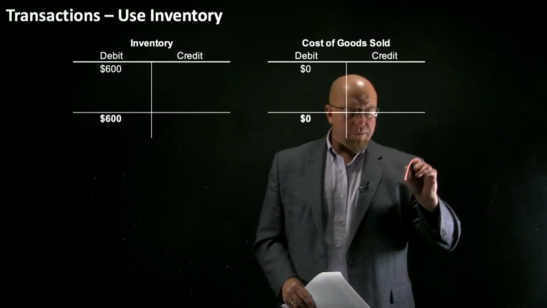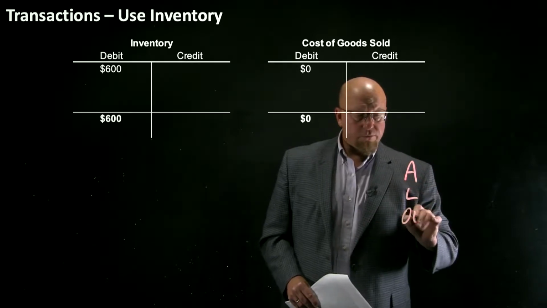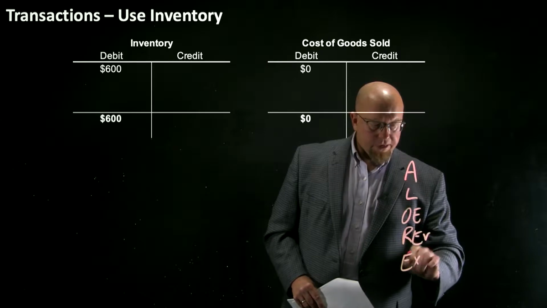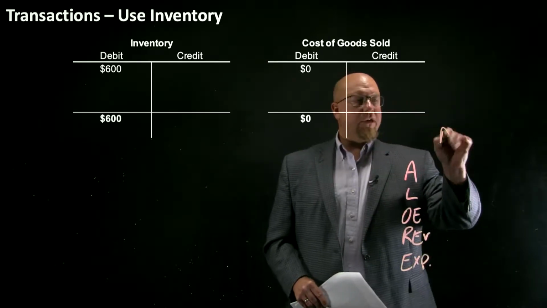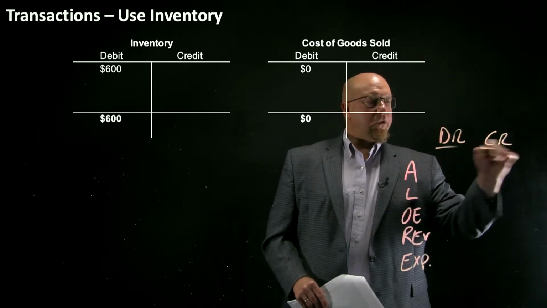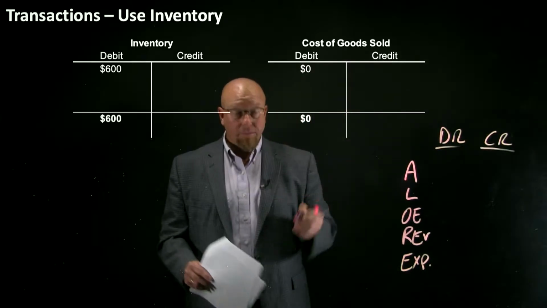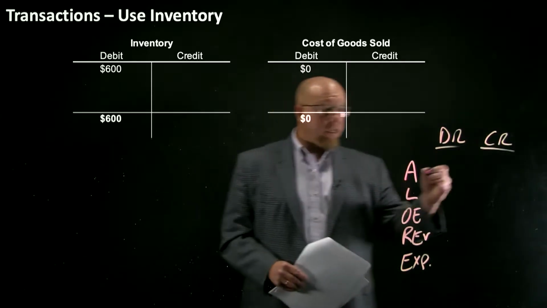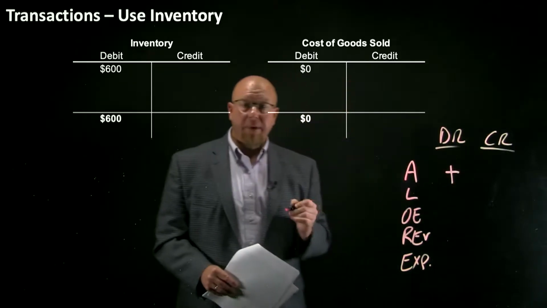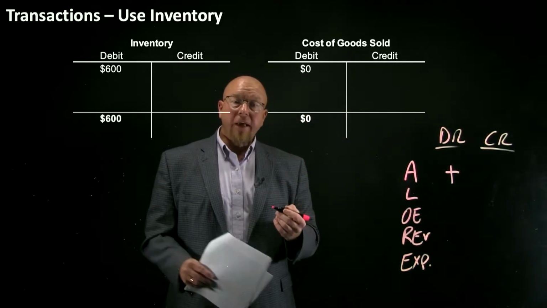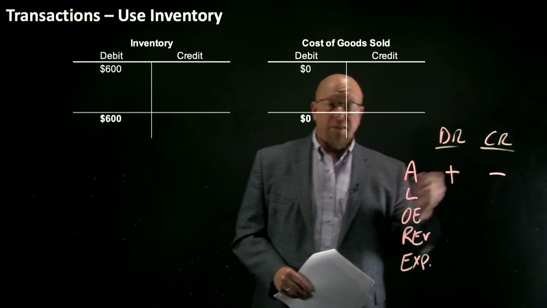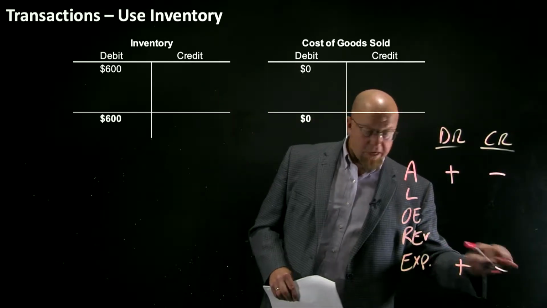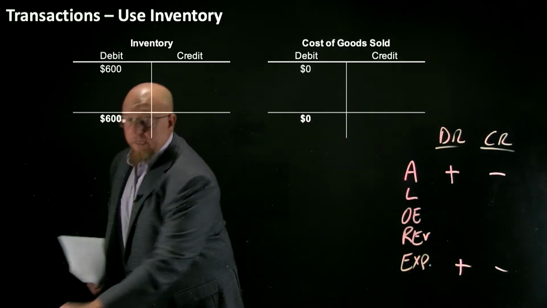And just to give you a little reminder, here's our, I call it a cheat sheet. By now, if you've watched enough of these videos, you should start to have dreams about this at night. You might call them nightmares, I'm not sure. But just remember that an asset is normally a debit account. So when we see a debit balance asset, that's a positive asset. And if you see a credit balance asset, that's a negative asset. Expenses behave the exact same way as assets.